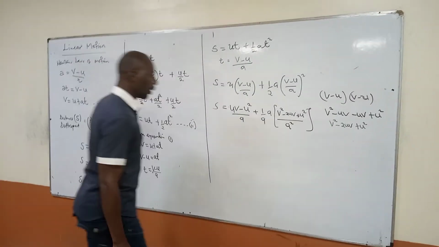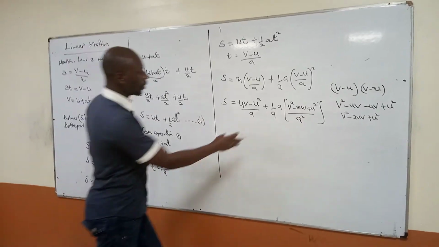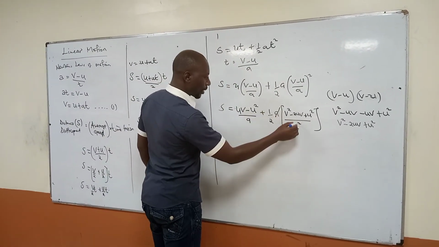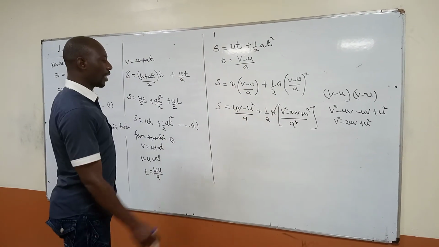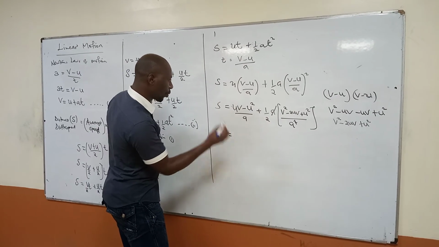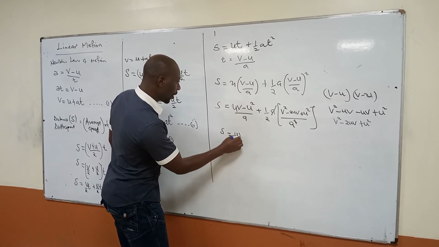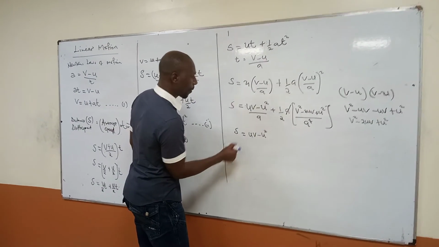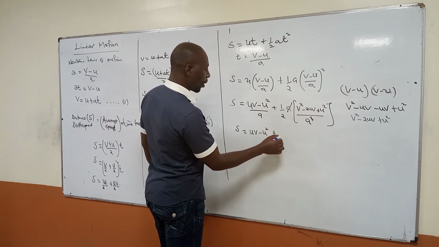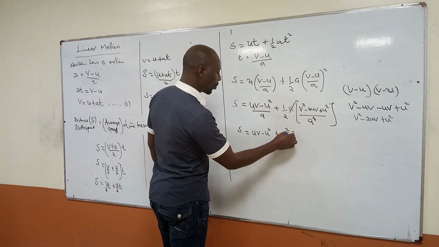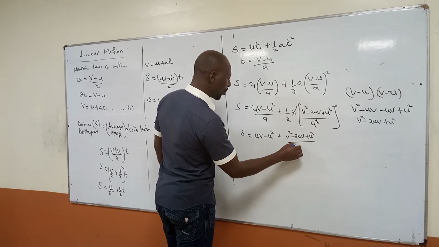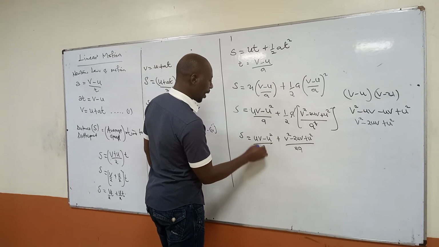You close the bracket such that, so this is a half, such that this a cancels with the square in that format. Then you remain with s is equal to uv minus u squared plus v squared minus 2uv plus u squared over 2a, and this one was over a.